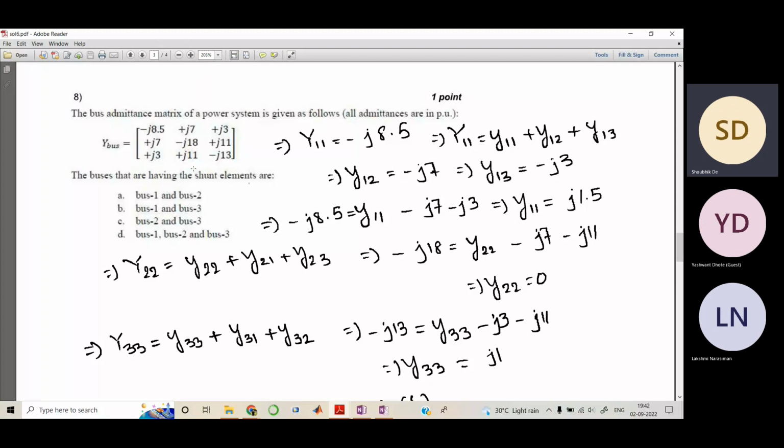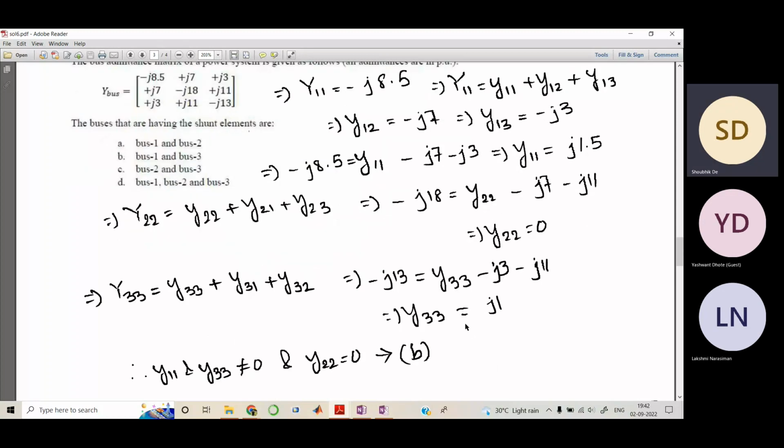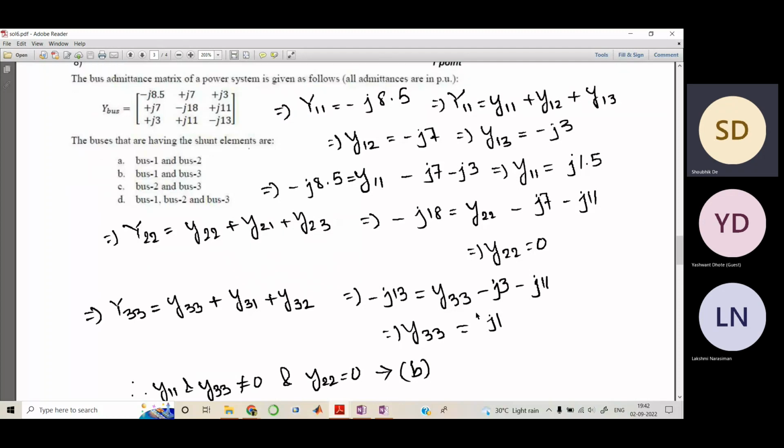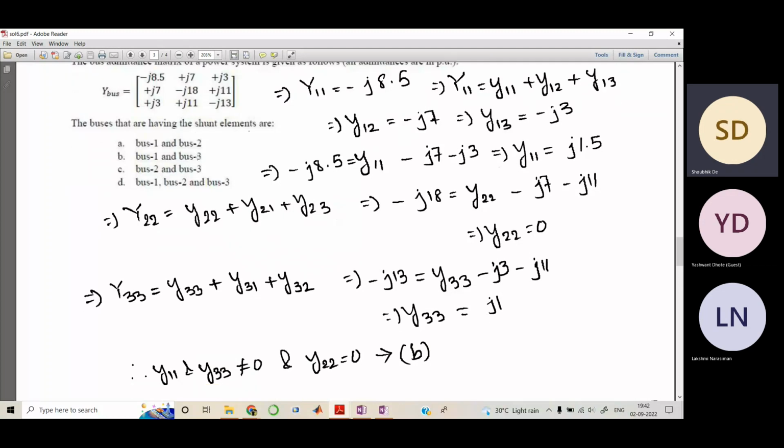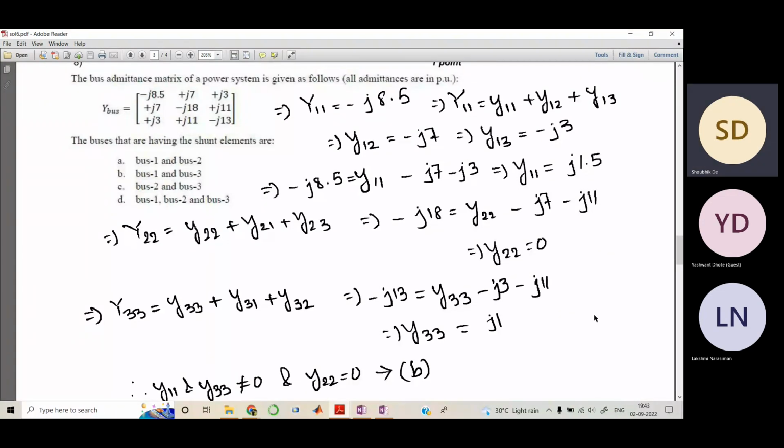In the same way, y13 and y31 and y32 would be your j14, and your capital Y33 is minus j13. Therefore your small y33 would be j1. Therefore bus 1 and 3 do have shunt elements, and y22 is 0, which is option number B. So pretty simple problem. I hope this was clear.